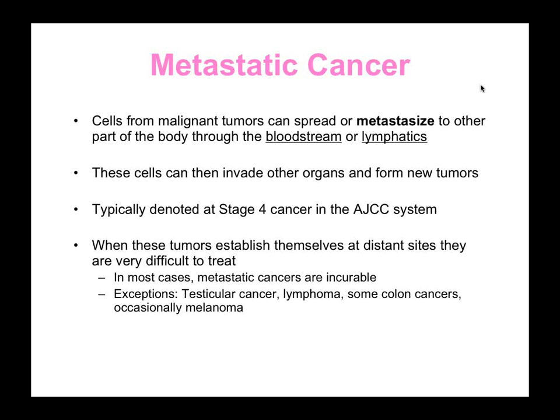This is, again, typically denoted as stage 4. When these tumors get established at a distant site, they're very difficult to treat, and this is why most metastatic cancers are incurable. But again, there are always exceptions, so it's important to know that that's not always the case, depending on the type of disease.